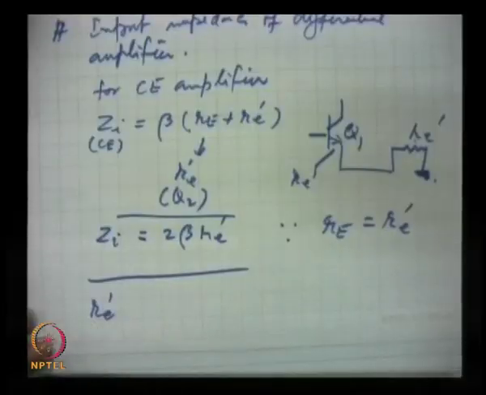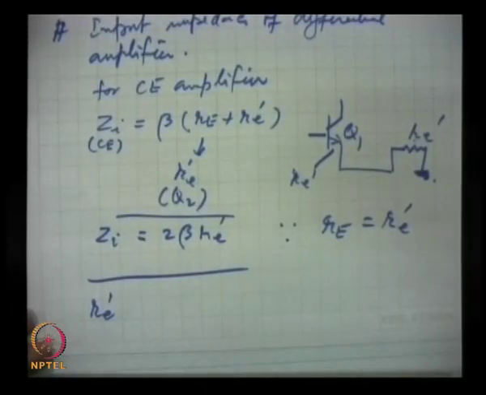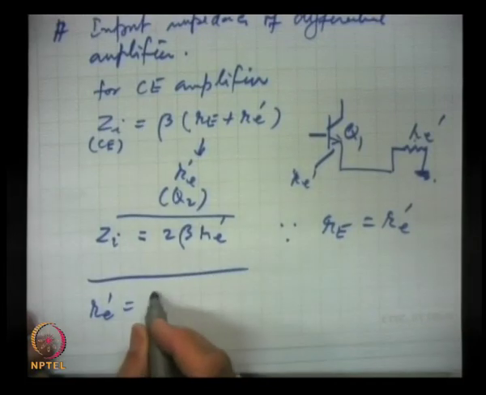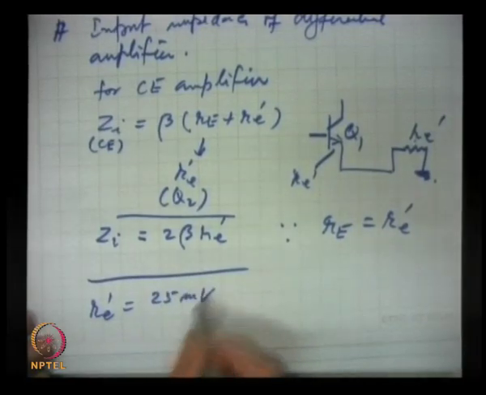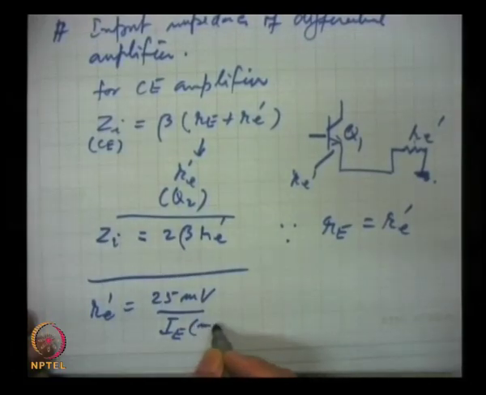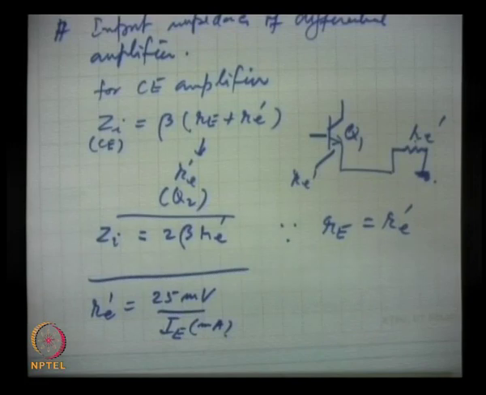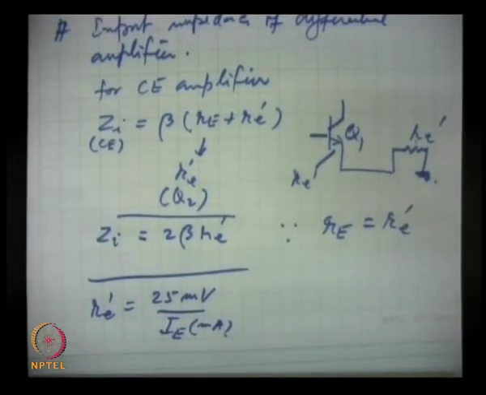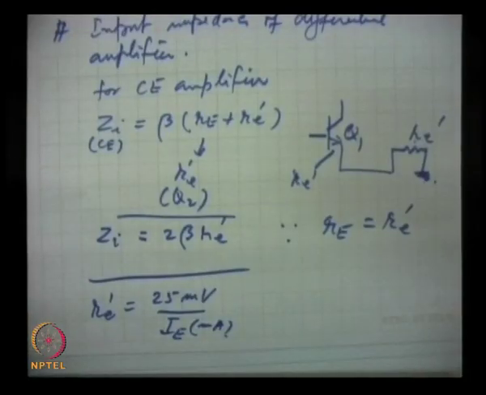In this case, RE prime, if you remember, the dynamic emitter resistance of the transistor, by definition is 25 millivolts divided by IE in milliamperes. Then it depends on current, and in differential amplifiers this current is very small, and hence RE prime is very high.